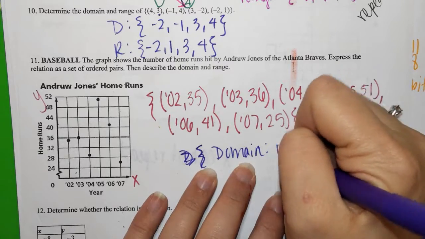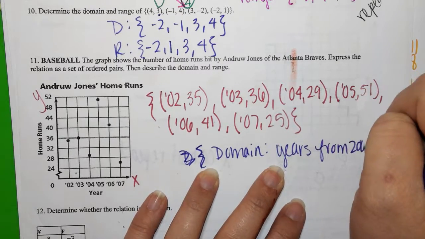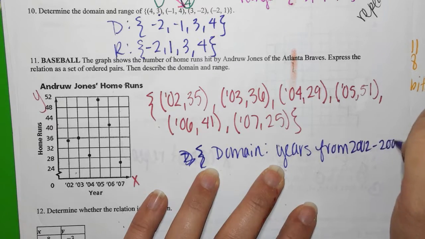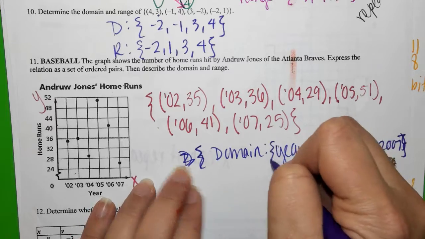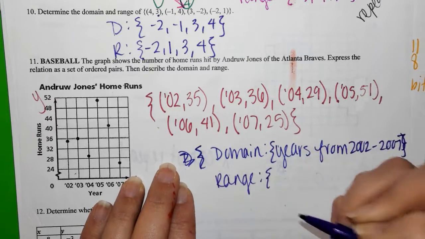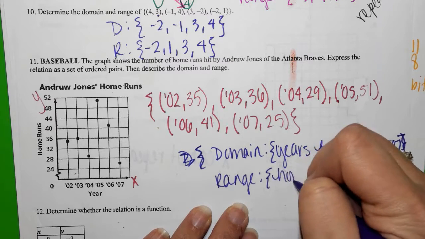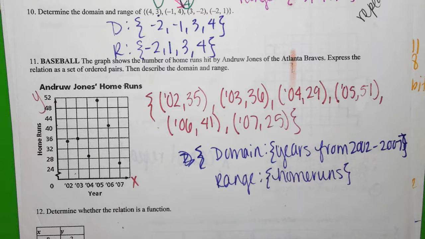Years from 2002 to 2007. Alright, and what is the range? The range is the home runs. Good. Take a point, guys. You said it first.